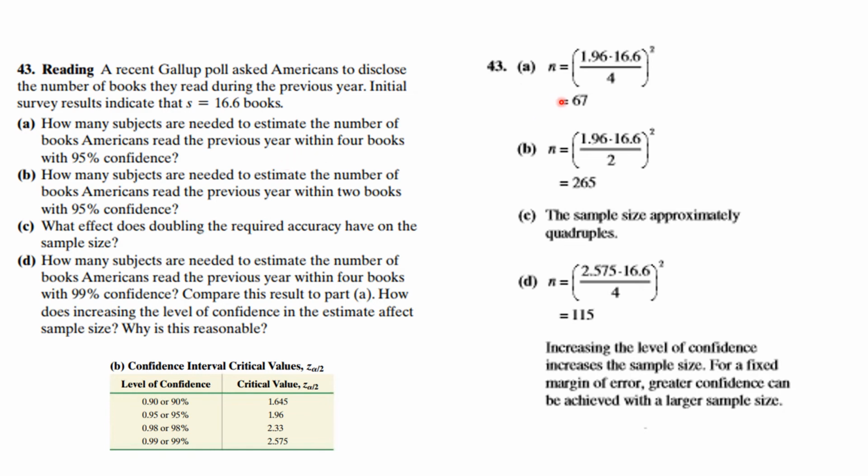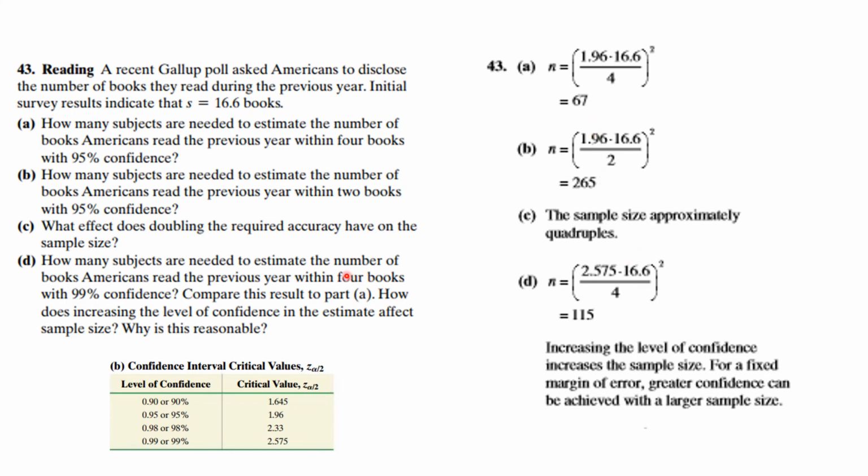So that was 4, and you get 67. If you double the accuracy, that means instead of being within 4 books, you want to be within 2 books. This is the only number that changes. You square it and you round up, and you get 265. So what effect does doubling the required accuracy have? Well, it quadruples, because this number is 1/4 of this number, or this number is 4 times that number, more or less.